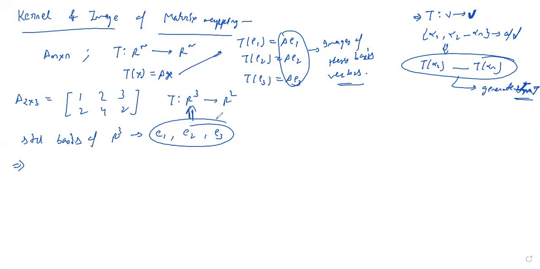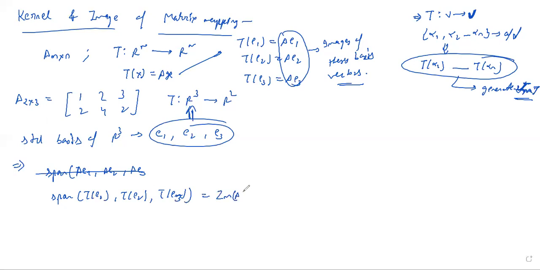The corresponding images of these basis vectors, A e1, A e2, A e3, are spanning the image of A. I can write it as the span of T E1, T E2, T E3.